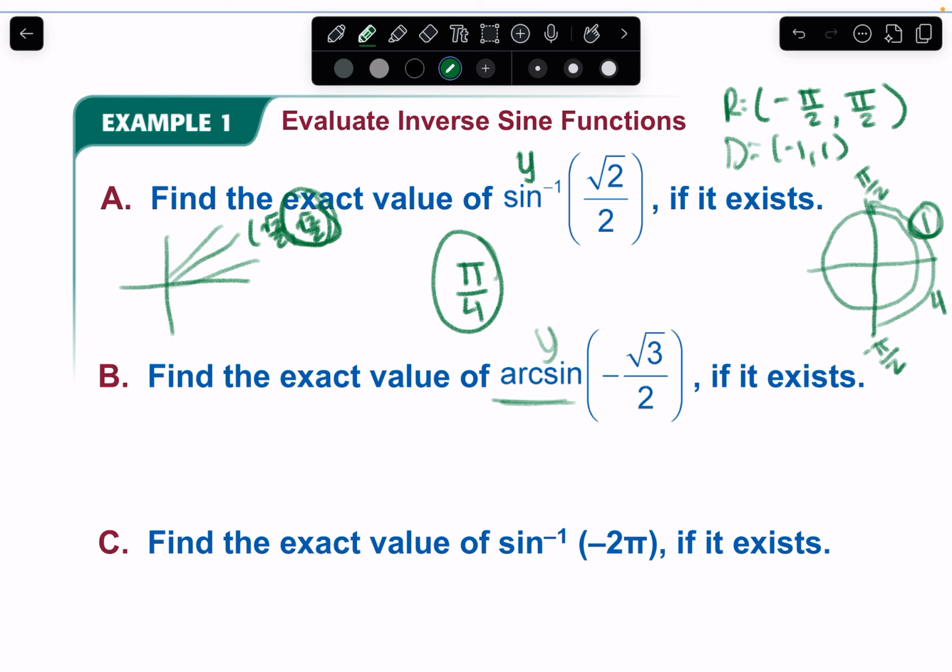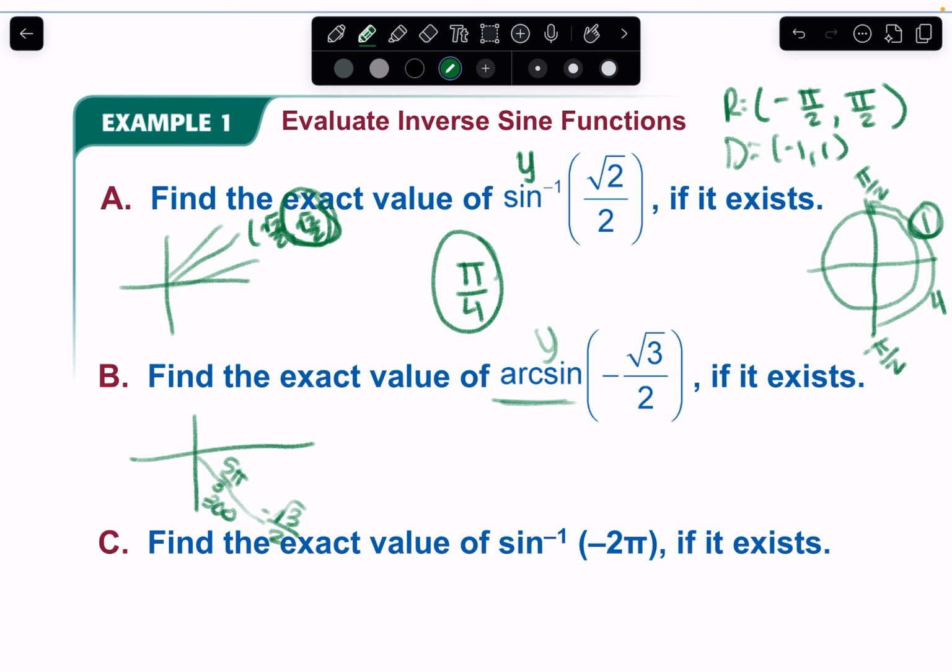So where your answer comes from is, I have a range of negative pi over 2 to positive pi over 2. There's nothing in the first quadrant that is actually equal to negative square root of 3 over 2 in the y value. But if you look at the bottom part of this, meaning quadrant 4, there is a y value of negative square root of 3 over 2 at 5 pi over 3 or 300 degrees.